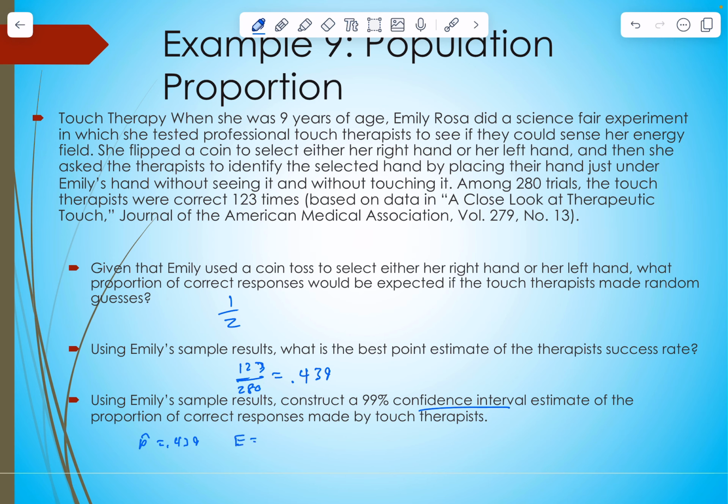Now this is a population proportion, so it's going to be normally distributed. So that's going to be z of alpha over 2 times the square root of p hat q hat over n.